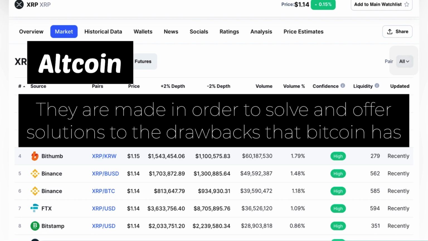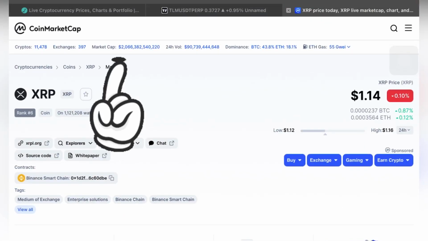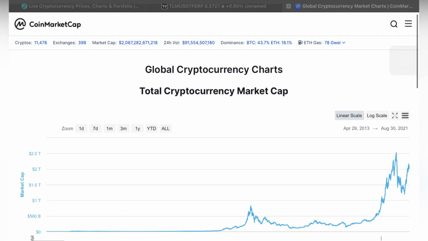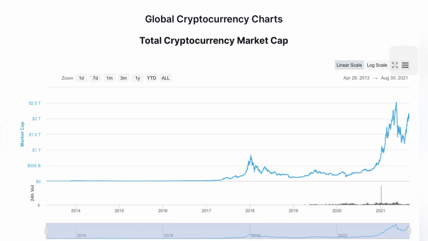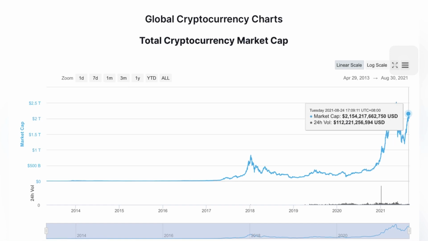And when we go here to the total market cap of all cryptocurrencies, you will see 3 different charts. So the first chart is the total market cap of all cryptocurrencies. So once you put your cursor over the chart, you can see the total market cap and volume.